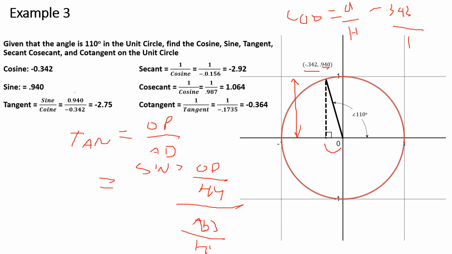And what happens is these two cancel out, and I simply get opposite over adjacent.